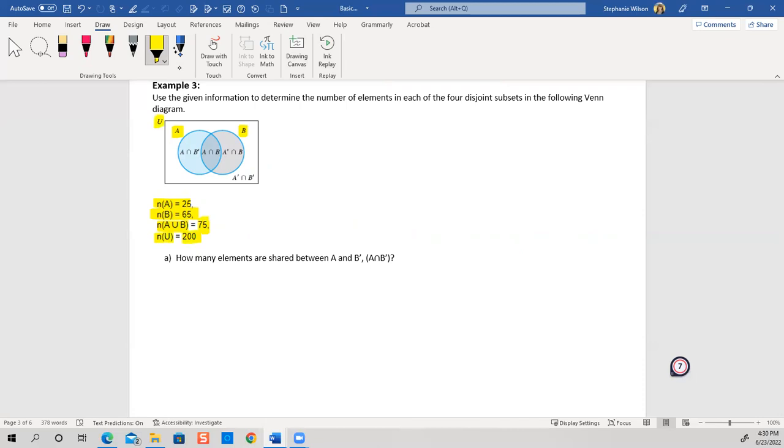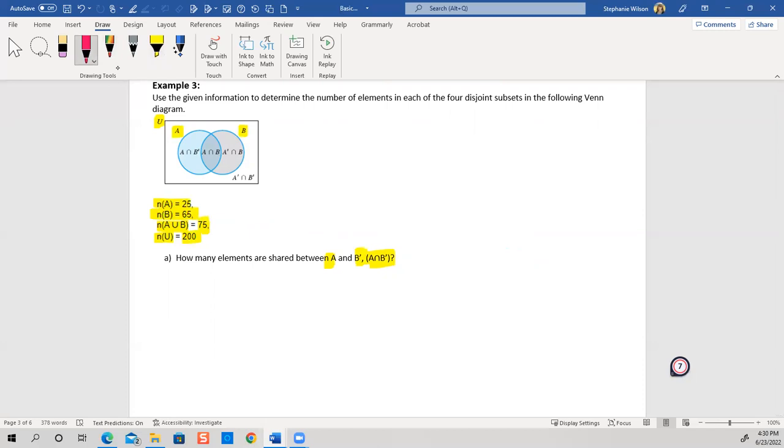So now how many elements are shared between A and B prime? It means we're going to find that intersection. The number of elements in A intersect B prime is the number of elements that are A but not B, because this prime means that we're not including this. So here's our formula.